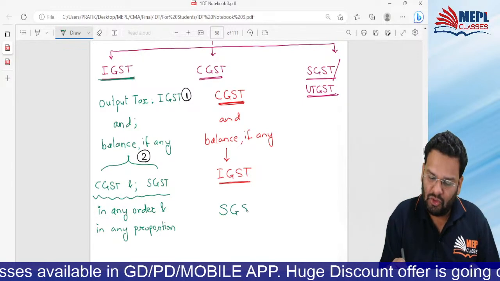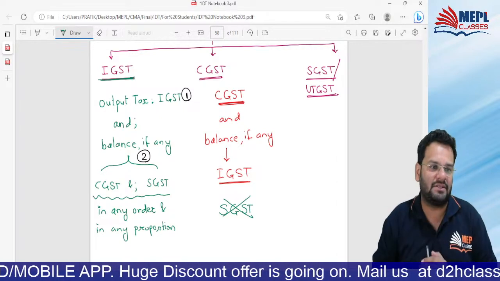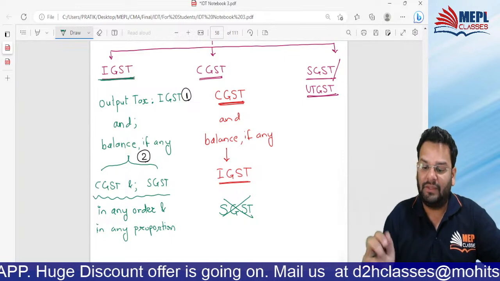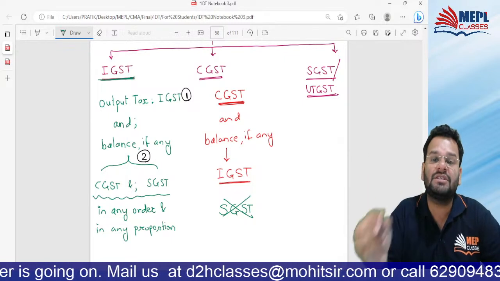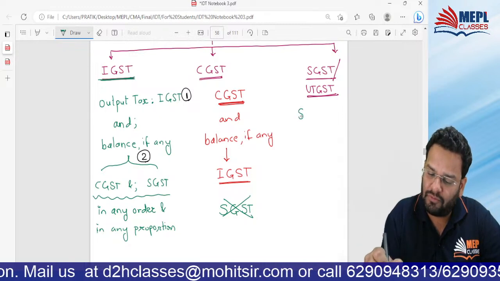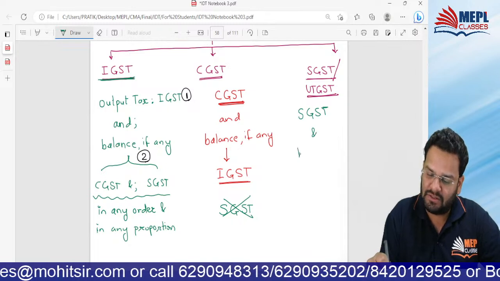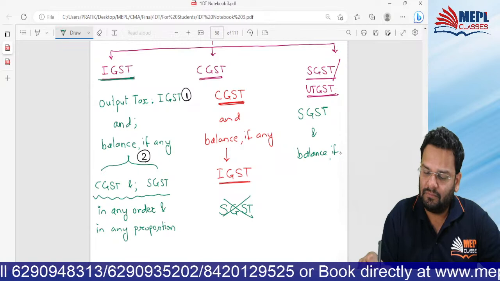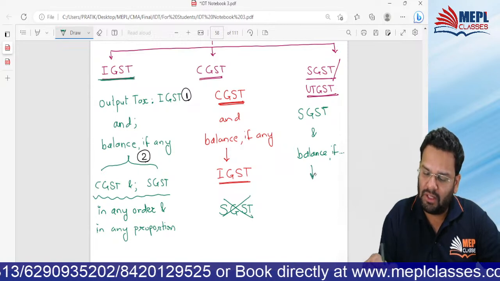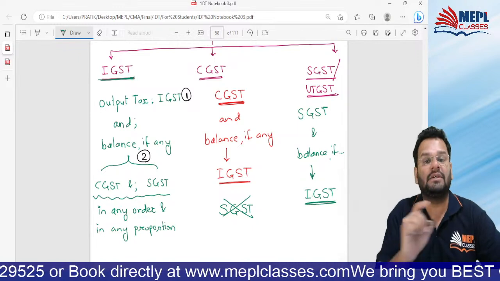But no way you can use CGST to pay SGST. You can never use CGST to pay SGST or UTGST. Then touch balance of SGST. SGST will be utilized to pay output tax of SGST, and balance, if any, it will be utilized to pay output tax of IGST.